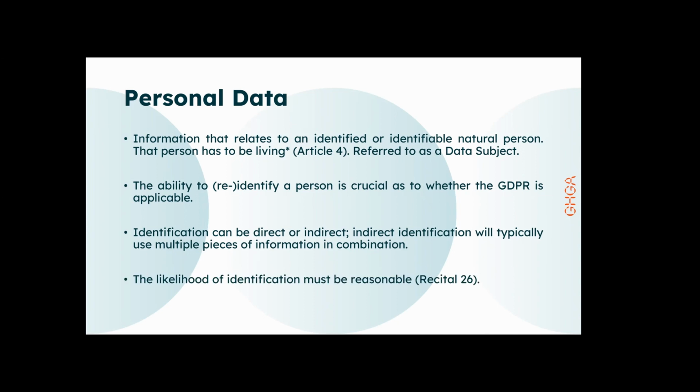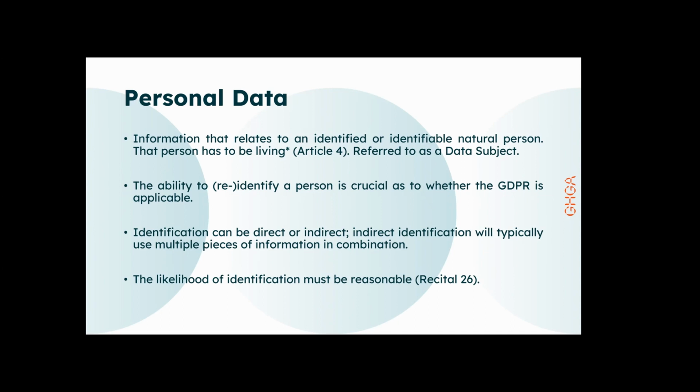The other aspect to think about is reasonableness. The GDPR doesn't typically deal in absolutes, and when it comes to identification, there is a kind of gray area that's built into the law. This is described in one of the recitals, which are information that goes along with the GDPR, recital 26.